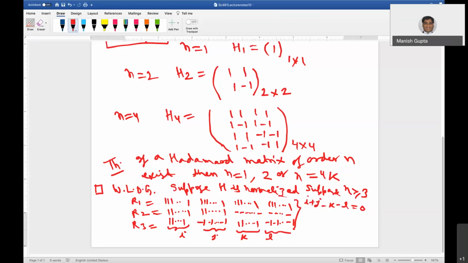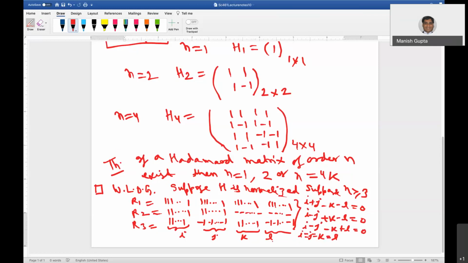The other rows are orthogonal, so we arrive at i minus j plus k minus l is equal to 0. And the third one will be i minus j minus k plus l is equal to 0. Solving all these equations, we arrive at i equal to j equal to k equal to l.